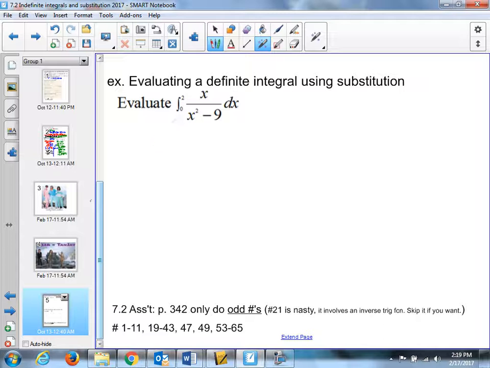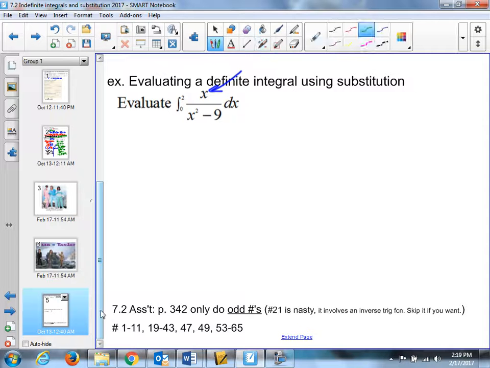You might also think of it as the more complex function that if I do the derivative, I'll get parts of the other stuff. So sometimes you think, if I let u equal x squared minus 9, what's the derivative of that? 2x, right? And then I'll be able to substitute in for that x. You can try to kill two birds with one stone, right?